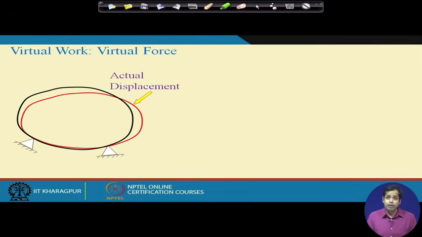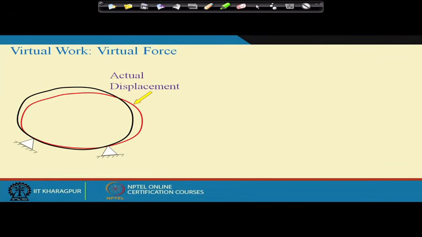If you remember, when we demonstrated virtual work through virtual displacement, the displacement was virtual and the load acting on the structure was the actual load. Now, suppose for some load the displacement of this object is this. Let us apply some virtual forces on this object.